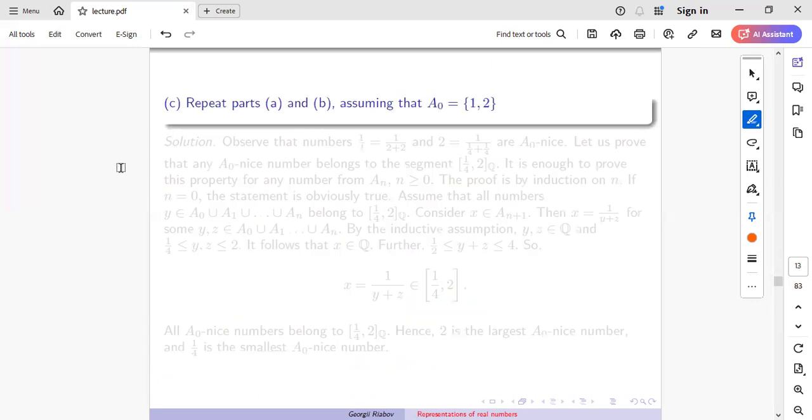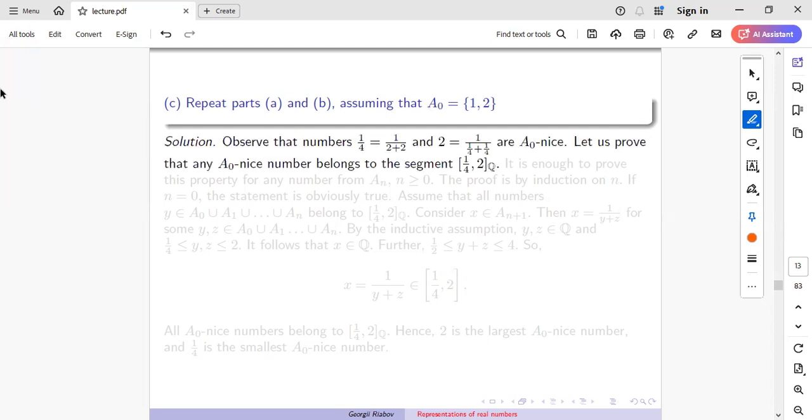And the last third part, let's start from a different set A0. A0 will consist of two numbers, 1 and 2. In this case, what will be the smallest and the largest A0 nice number?